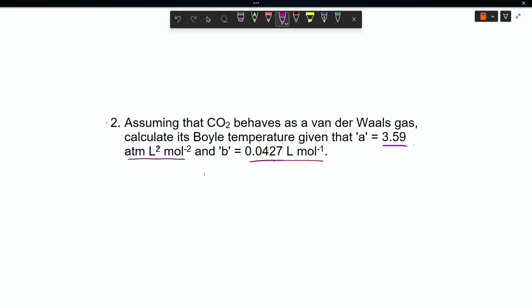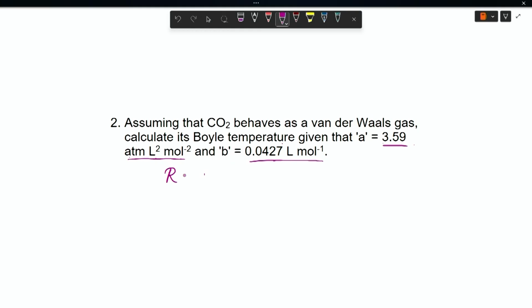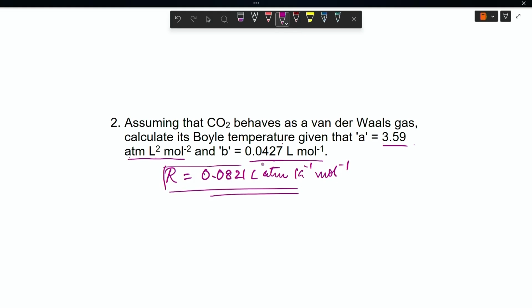It is in liters and atmospheres, so I will have to choose a value of R in liter atmospheres per Kelvin per mole. That should be 0.0821 liter atmospheres per Kelvin per mole. That is the difference here. Choosing R, you have to be very cautious, otherwise the problem will go wrong.